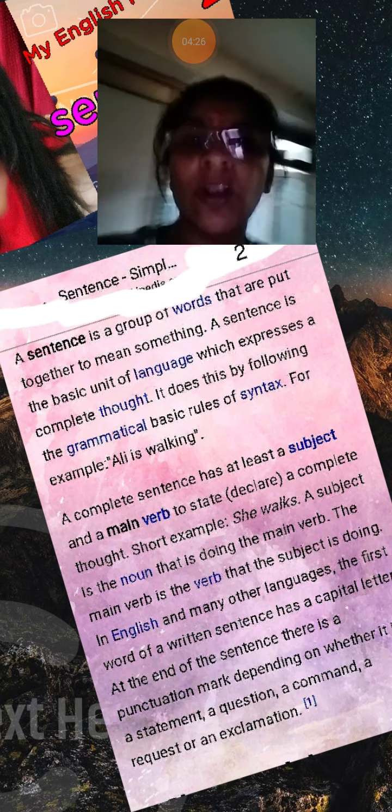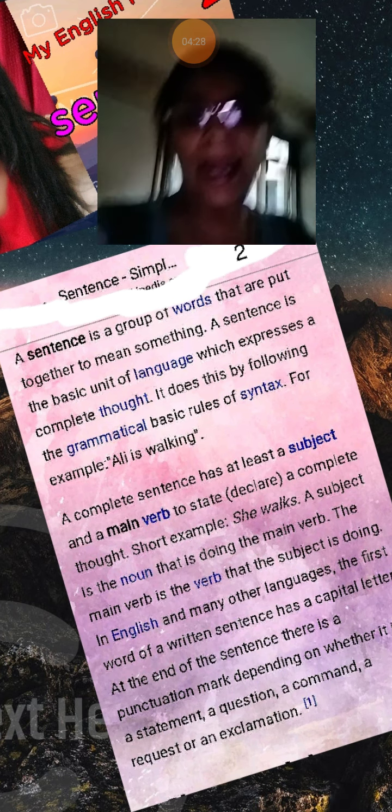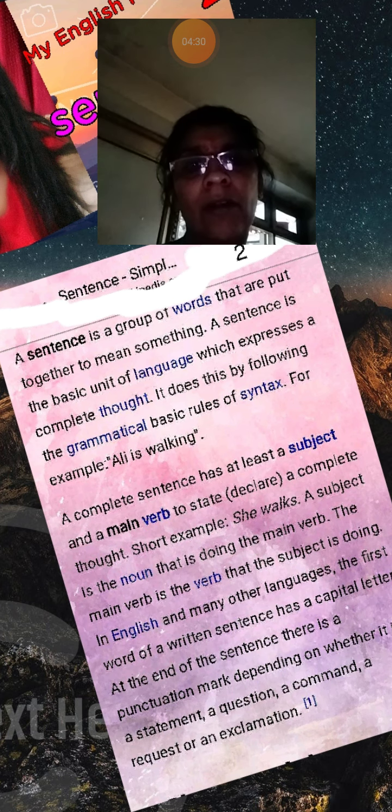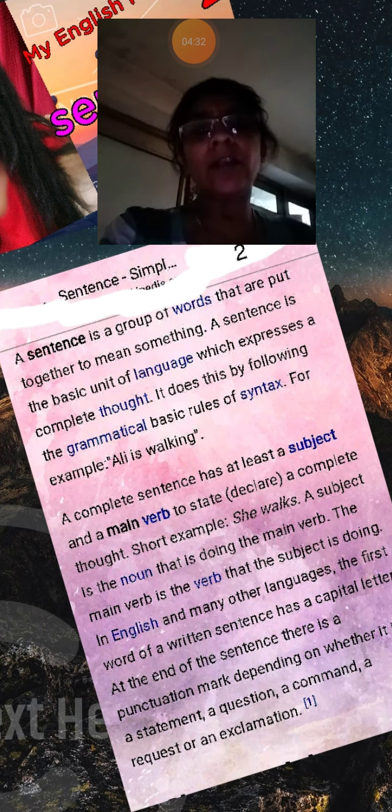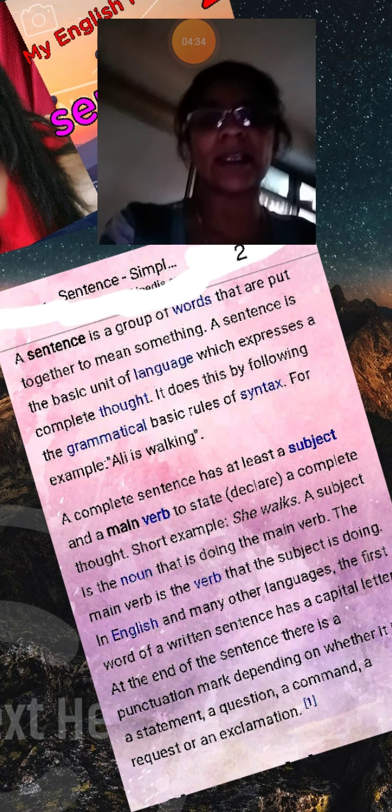A sentence is a group of words that are put together to mean something.